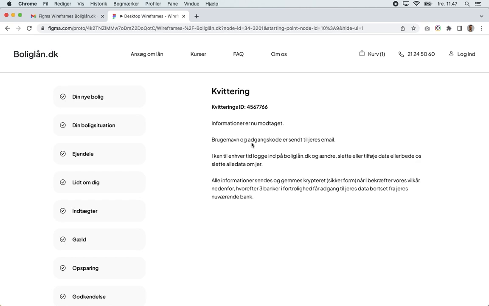Okay. So I didn't fill out my email. No. But if you didn't, and you submit your application, you will automatically be created an account.